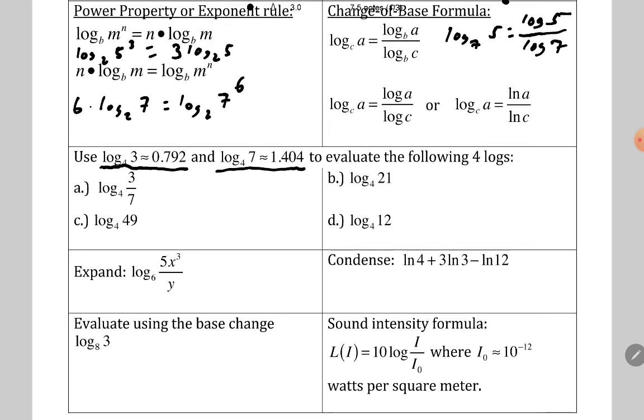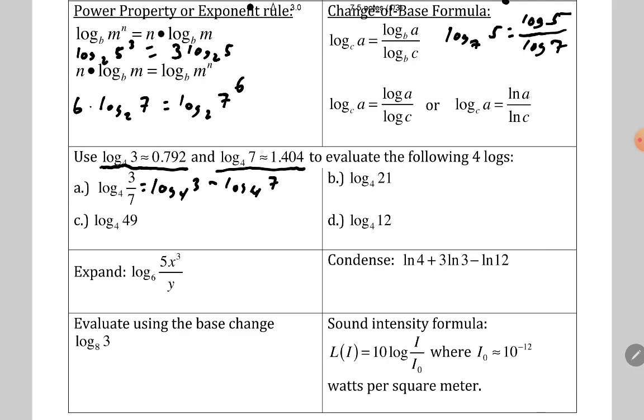So part A, log base 4 of 3 over 7. That is the same thing as log base 4 of 3 minus log base 4 of 7. Okay.